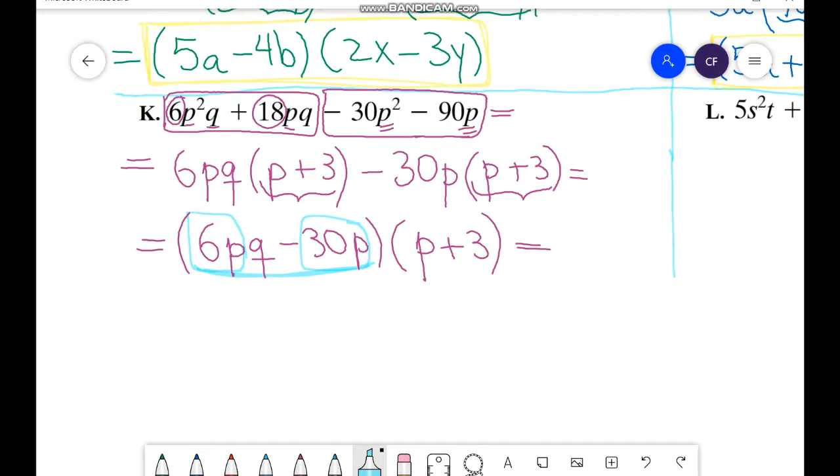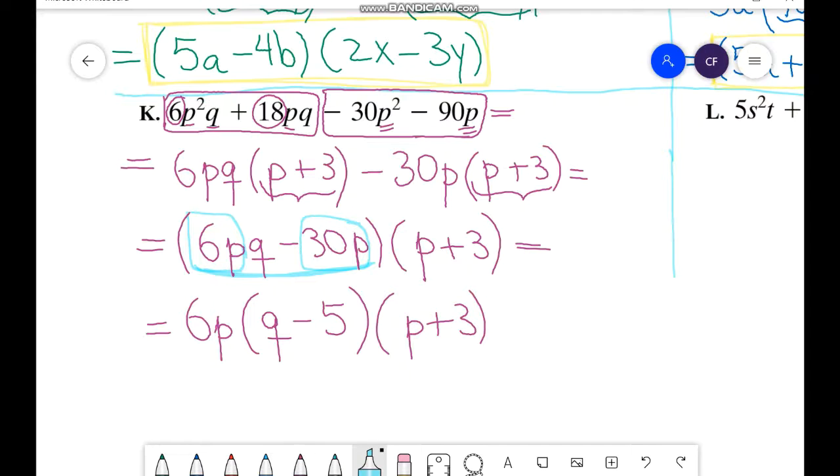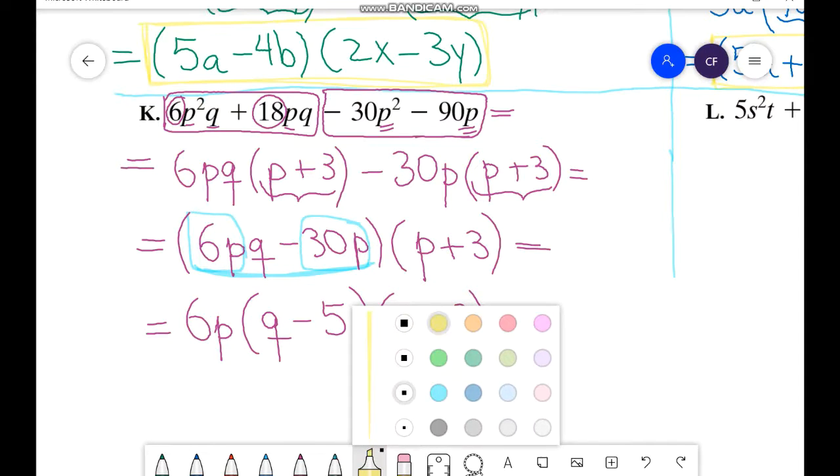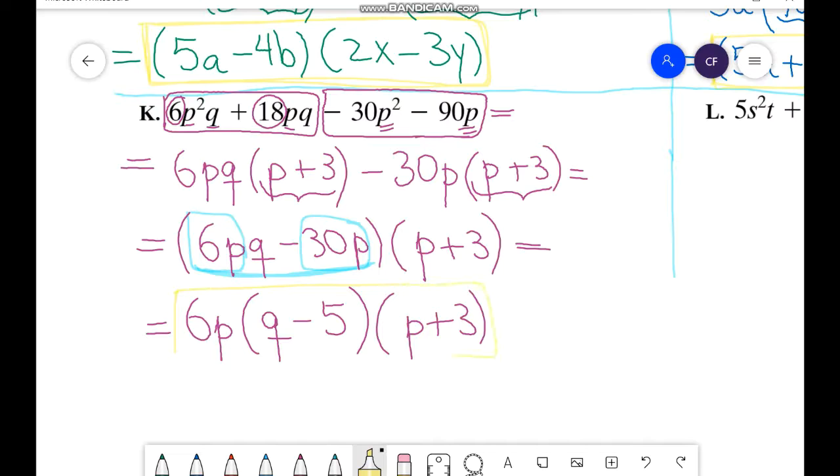See, we can factor out the greatest common factor on this binomial. So you can write down as 6p times q minus 5, negative 30p, times p plus 3. And this is going to be the final answer for letter K.